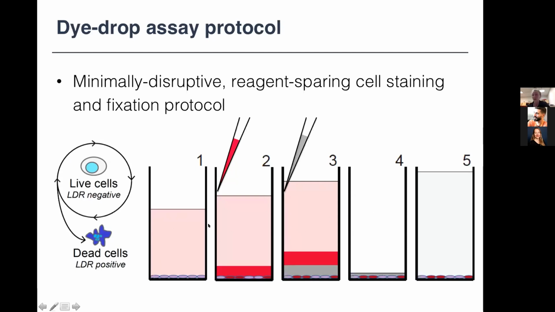What this enables us to do is to really reduce the working volume for our dyes, which can be expensive, as well as our fix. And it means that we're staining and fixing our cells before we're aspirating anything from the wells. This helps preserve those cells that maybe are loosely adherent because they're stressed out or dying, or because they're starting to divide.